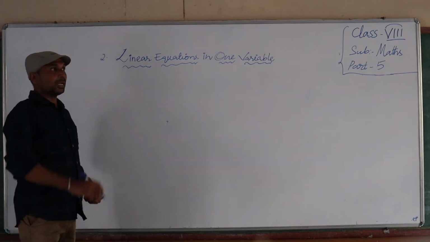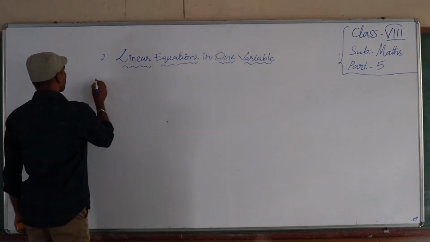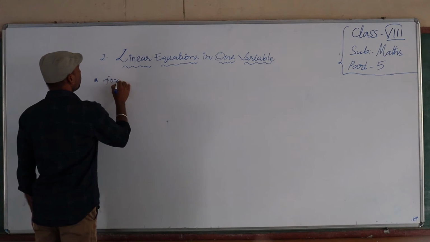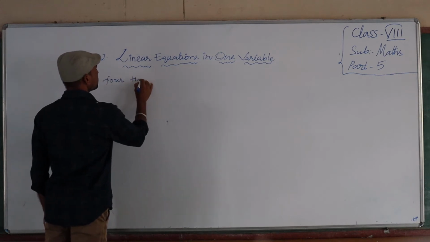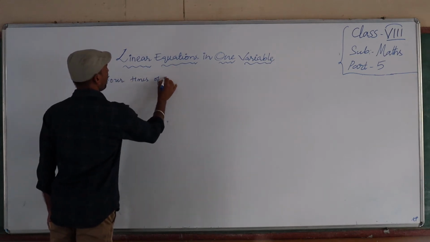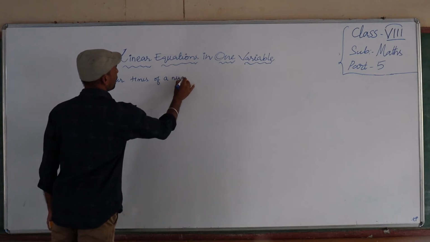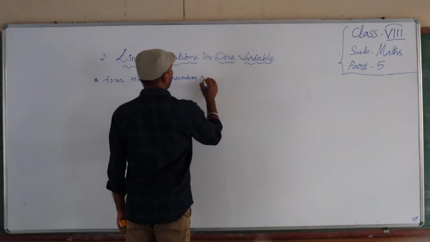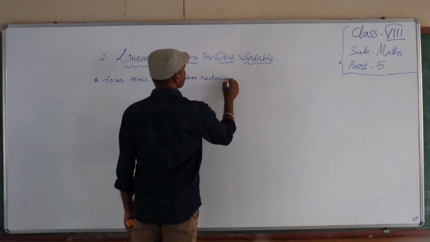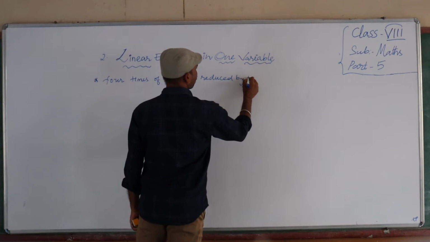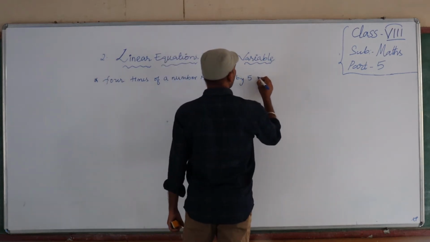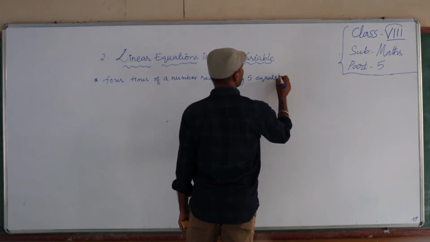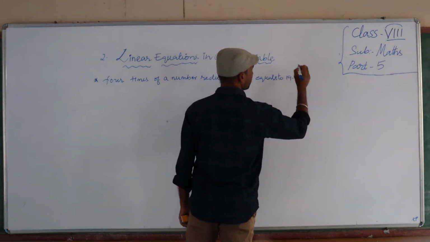Sometimes they will ask: 4 times of a number reduced by 5 equals 19.